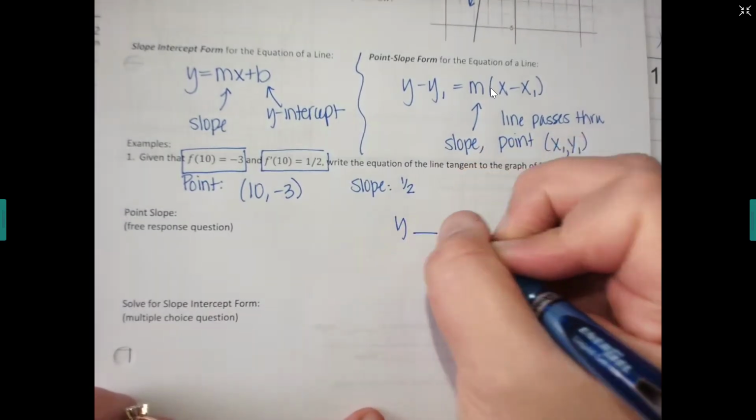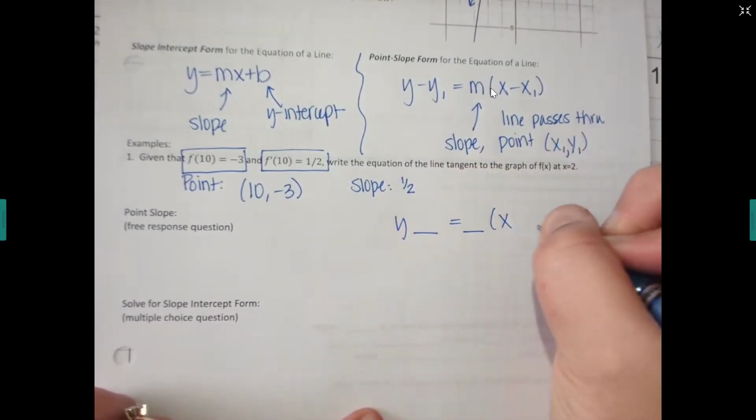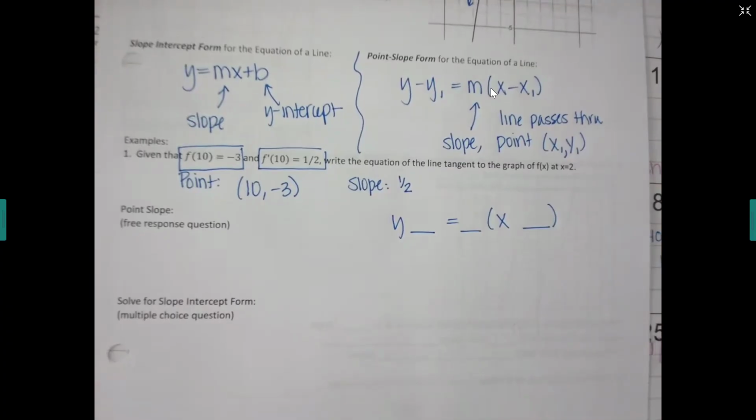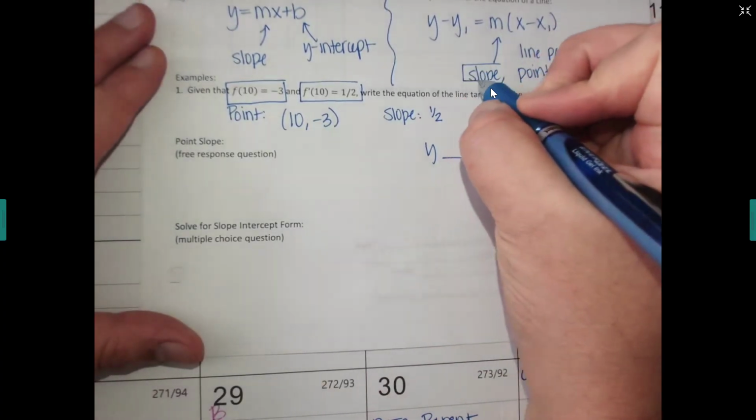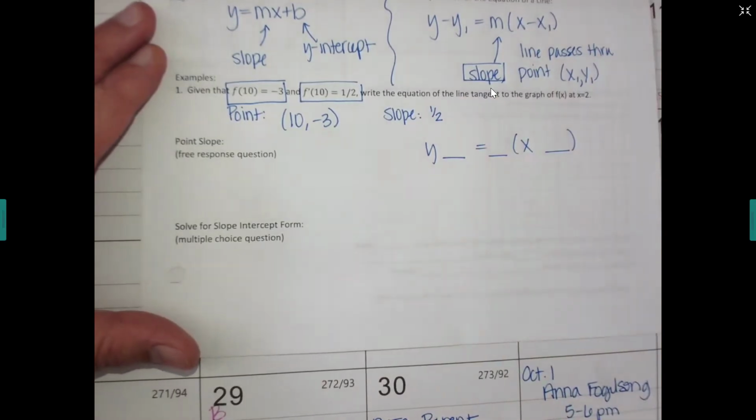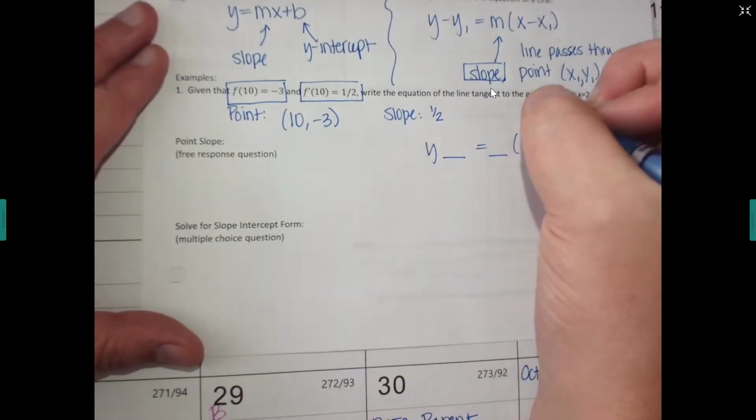Y blank equals blank x blank. And then we're going to fill in the blanks with the numbers for our problem. So the middle should be my slope, which we already know. What is it? 1/2.